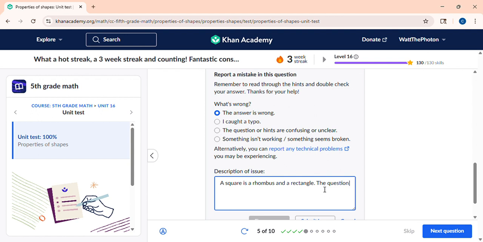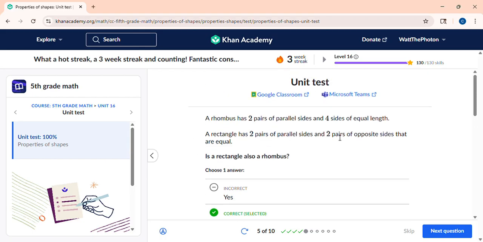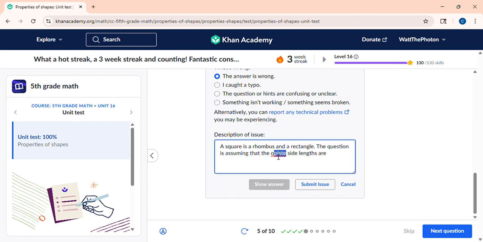The question is assuming that the opposite side lengths are of different lengths.